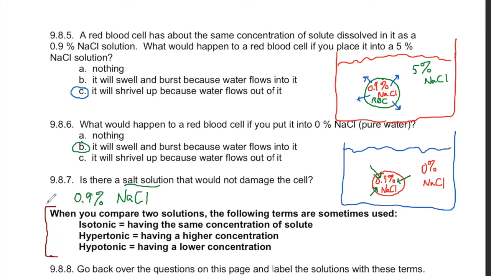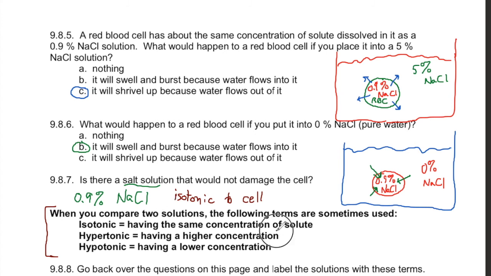So if you read more about this phenomenon, you might come across these vocabulary terms. Isotonic would be something having the same concentration of solute. So two solutions would be isotonic if they both had the same concentration of solute. So this last example, the 0.9% sodium chloride solution, would be isotonic to the cell because they have the same concentration. They would both be isotonic to each other.